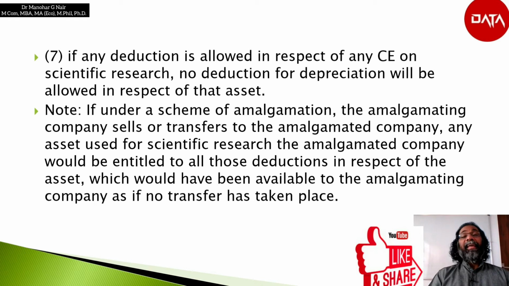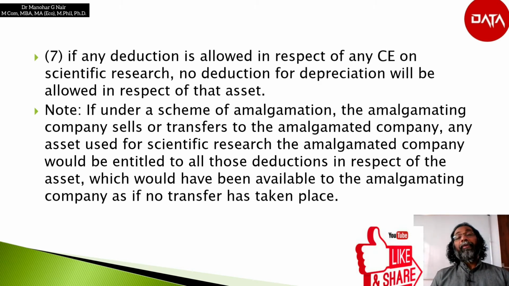The thing is, either the deduction under section 35 or deduction under section 32, any one only could be allowed in that sense. If it is already a depreciated asset or deduction received in any other context, it will not attract deduction in scientific research as per section 35.